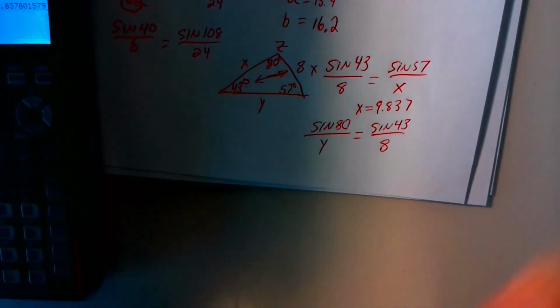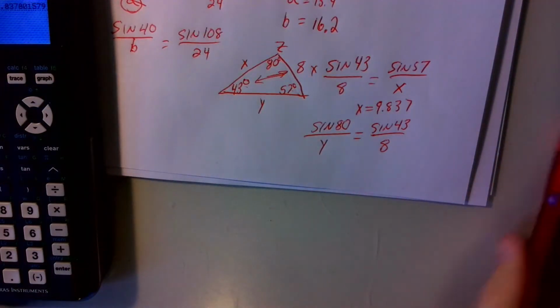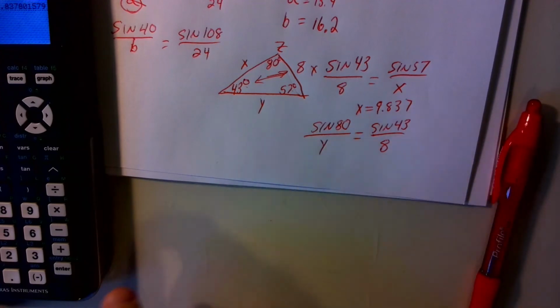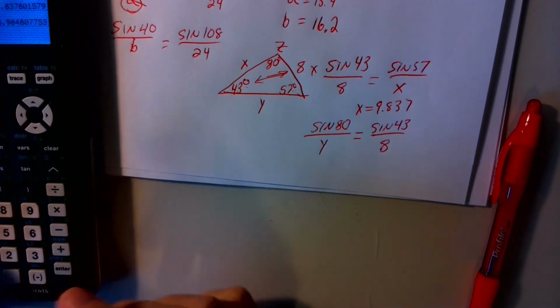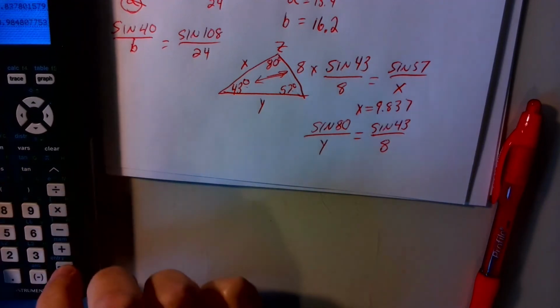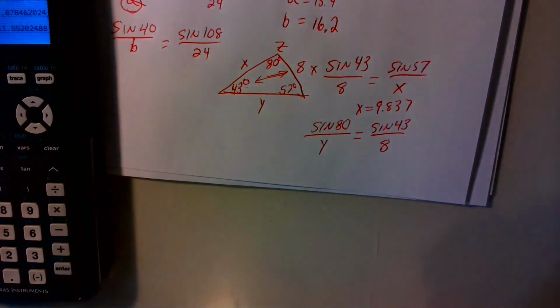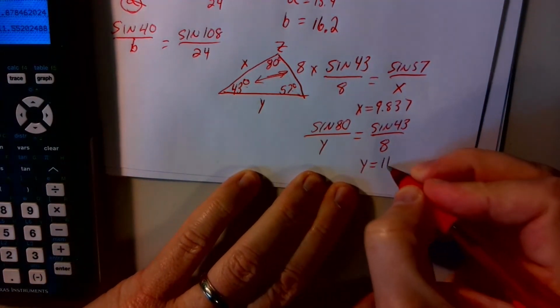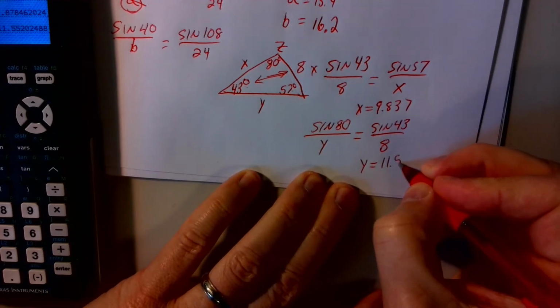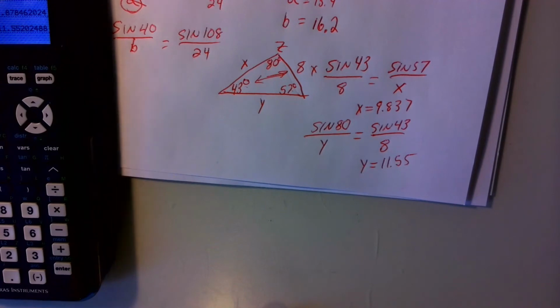Similar things again: sine 80 on my calculator, enter, times 8, enter, divided by sine of 43, and I get 11.55. So y equals 11.55. And I've now found all three of those bits of information from that one.